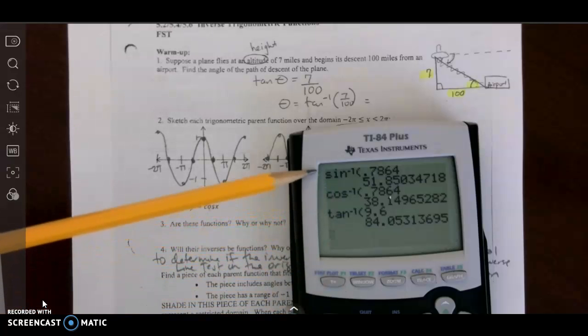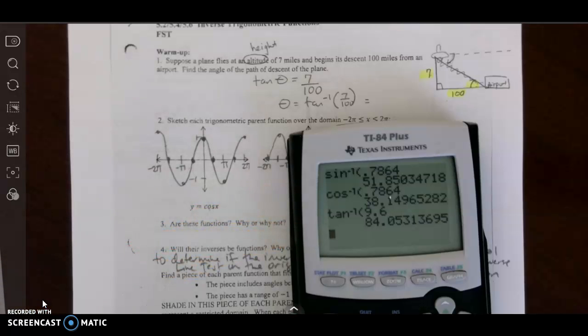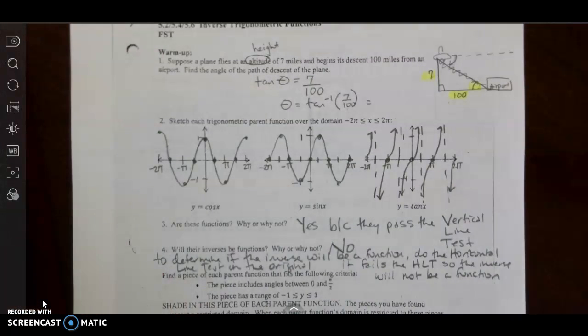The reason that we're all getting the same thing is what mathematicians decided was that, okay, as a whole, the inverse would not be a function. So what we're going to do is we're going to take one piece of the original, and that one piece has to have all the values from the unit circle for cosine, all the positive values and all the negative values. And we want that one piece to be a continuous piece.